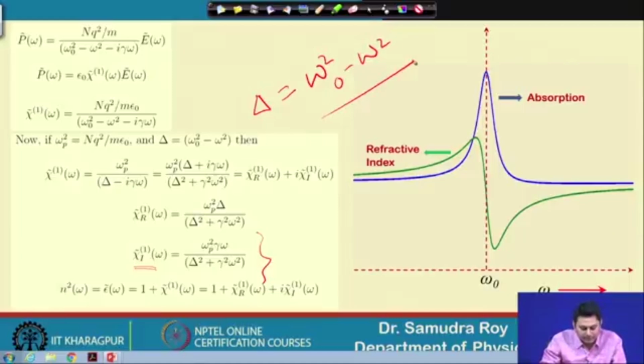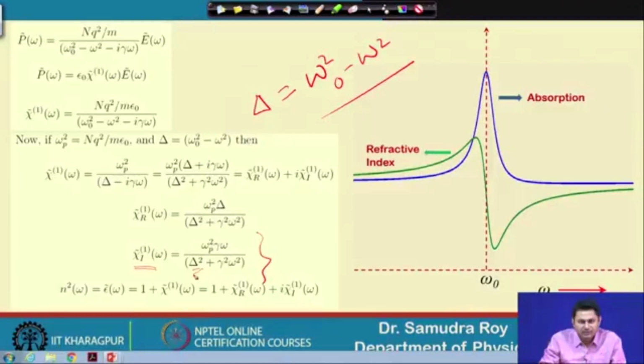If I put this here, then at omega 0 I will have a maximum, because this term is going to vanish. Since this term is 0 at omega equal to omega 0, we will have the peak value, and this peak value suggests that at this point the entire energy is going to be absorbed, because we are launching an electric field with a frequency exactly the same as the resonance frequency of the system.